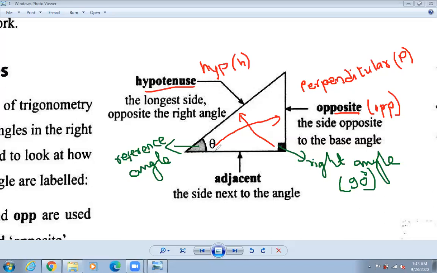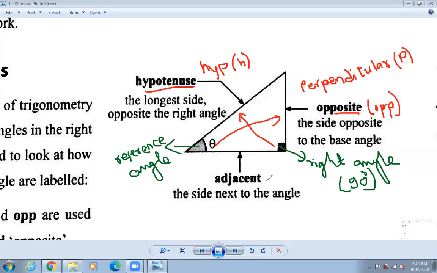And where there is both 90 degrees as well as the reference angle, the side next to the angle, that means if it has both the 90-degree right angle and the reference angle on the same line, then this is called adjacent.